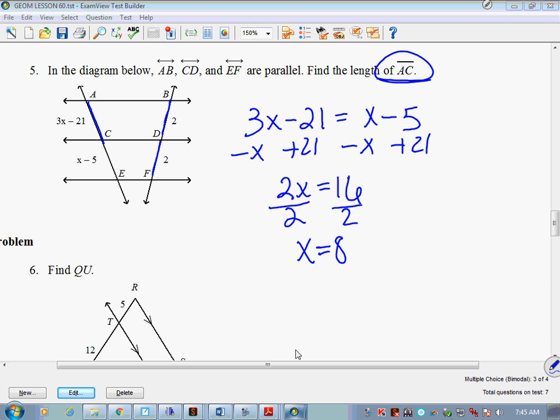Let's see, it was 24. 24 minus 21 is 3. Or you could just do, because we know that this length right here, CE is going to be the same, we could just do 8 minus 5 and get 3. It's a little bit quicker that way. We don't have to do as many steps. Get the same answer either way.